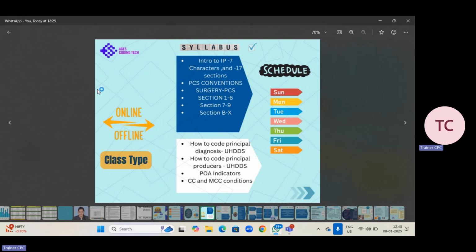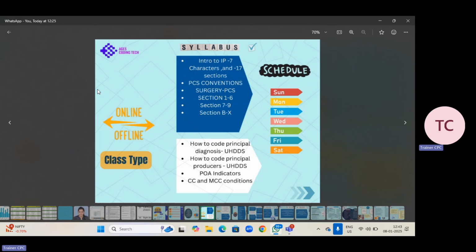For example, if I'm going to the hospital with severe fever, then fever is the diagnosis here. If I'm having multiple conditions, fever along with hypertension, diabetes, then the one we need to code first is the principal diagnosis, and other conditions will be coded as secondary diagnoses.